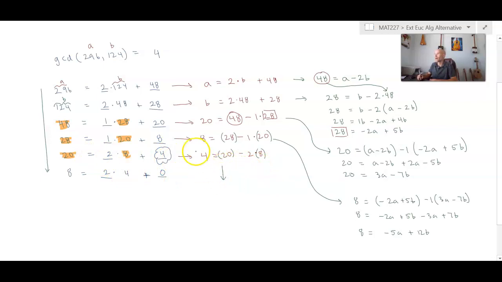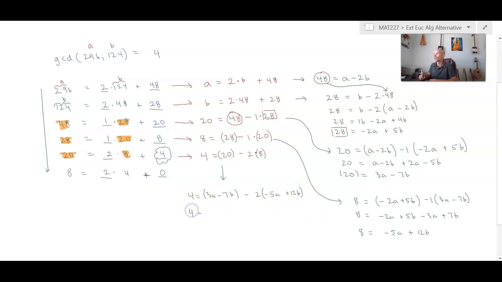So I can just kind of go down now. So 4 is equal to 20. 20 is 3a minus 7b minus 2 times 8. 8 is negative 5a plus 12b.